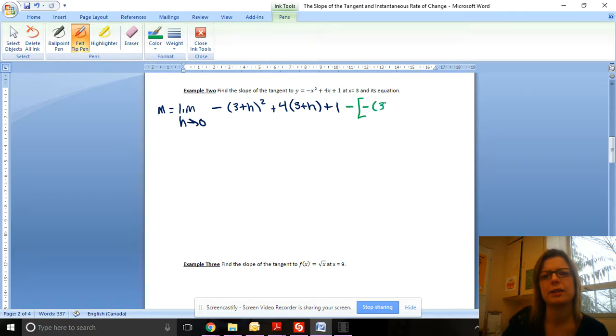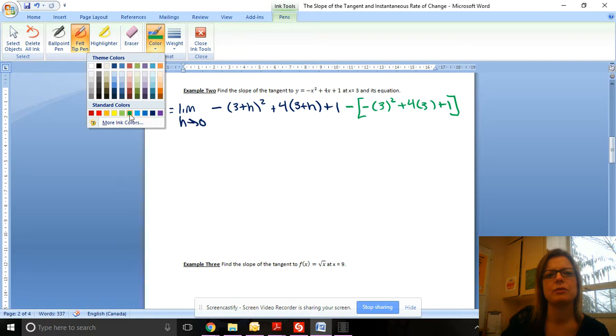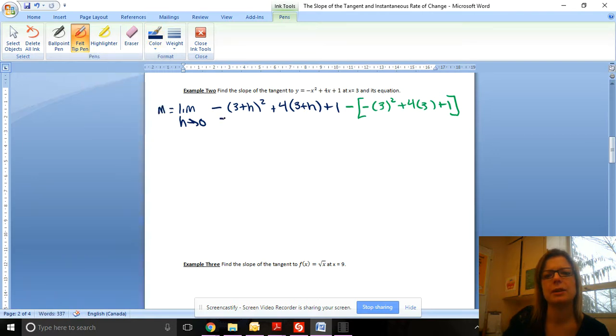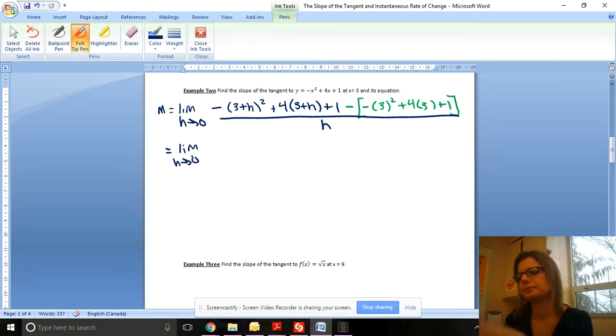So negative 3 squared plus 4 times 3 plus 1. Okay, so the green is the function evaluated at 3, and the blue is the function evaluated at 3 plus h, and we divide it all by h. So we get the limit as h approaches 0. Okay, so watch what happens here.